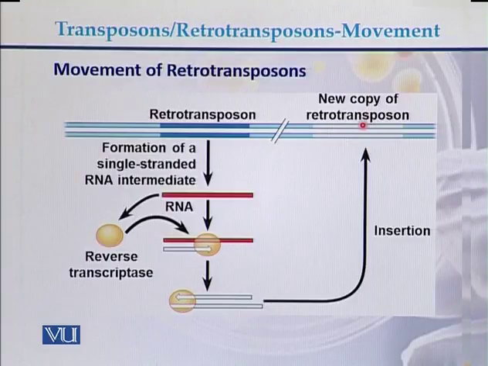So for the movement of retrotransposons, the intermediate is RNA. So there is a formation of single-stranded RNA that acts as the intermediate, and it is first converted into DNA, and then that DNA is inserted into another location. So this is how retrotransposons move from one place of the genome to another place.